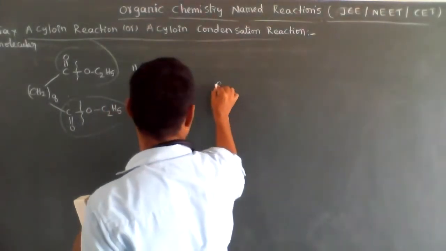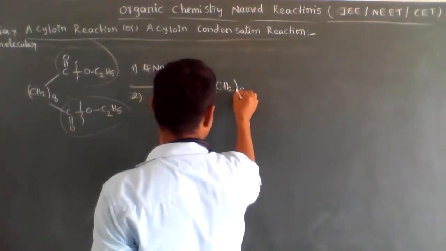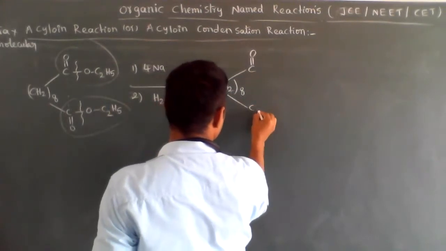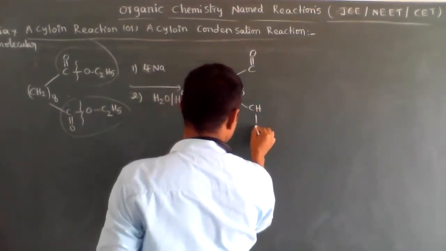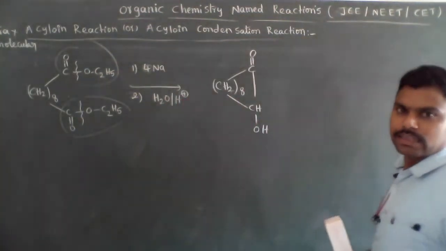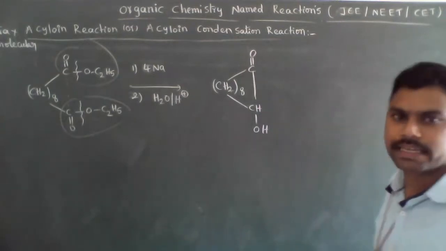Then the product is like this: cyclic ketones, alpha hydroxy cyclic ketones.